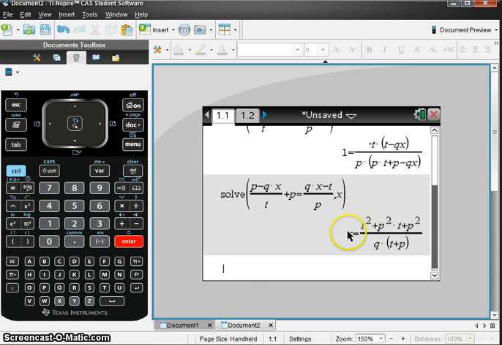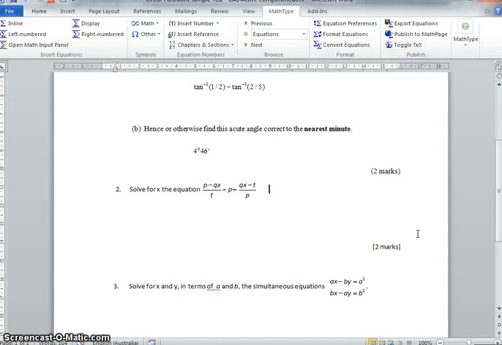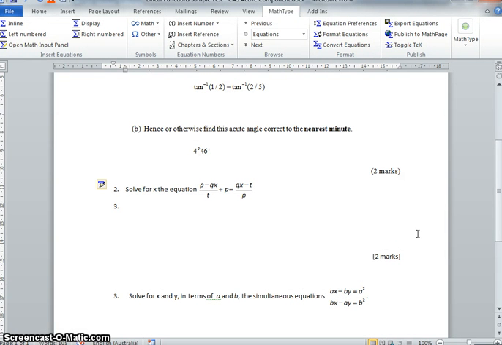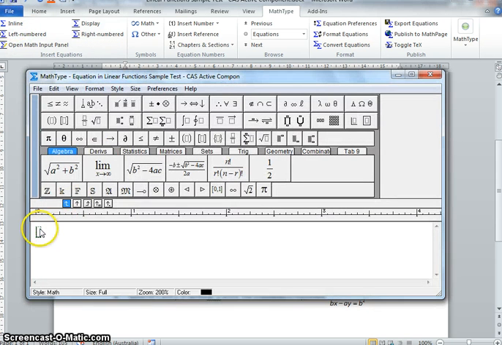So that answer is what we need to transcribe, copy it across into here, this space. I don't think it fits in very easily, but I've just copied it and pasted it there. It doesn't look very pleasant in that format. We might see if we can put it in here and then retype that.